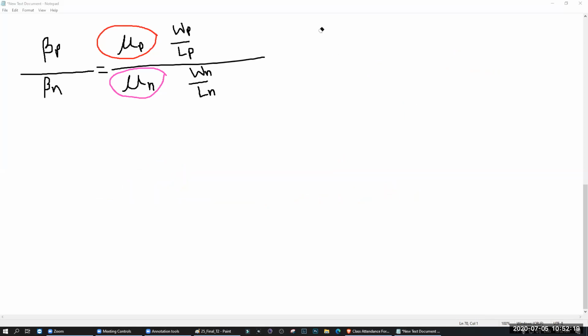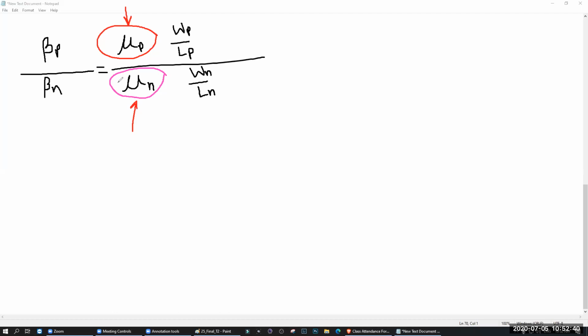Now here, this one is slower, this one is faster, this value is bigger, and this value is smaller, because I told you this depends on the velocity. The electron velocity is 2 times.